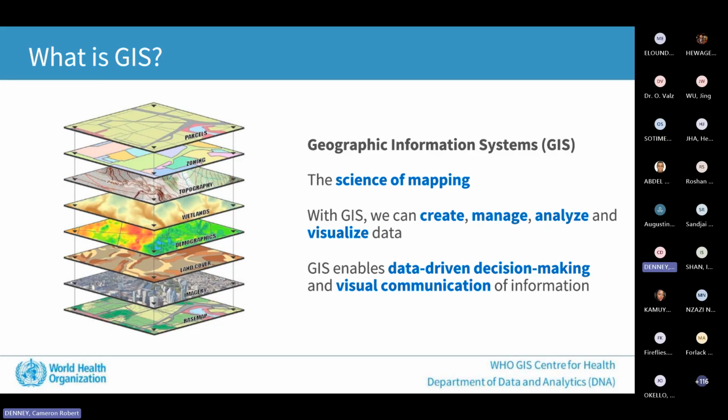With GIS, we can do lots of things with spatial data, things that relate directly to health, like cases of diseases, but also other things that are indirectly related to health, like land cover and land use and roads to assess access, all sorts of things. And I think the great part of GIS is it can be used at all levels, from data creation or data collection to data analysis to producing maps to communicate your results.